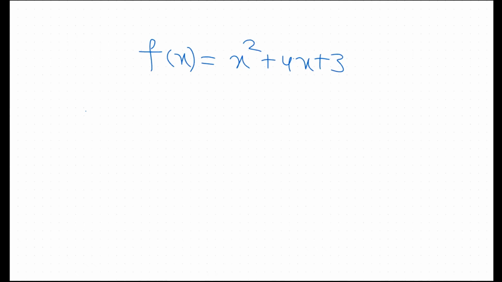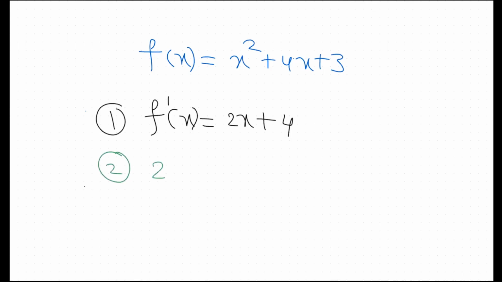What is the differentiation? 2x plus 4 plus 0. Correct or not? 2x plus 4. Now step 1 is over. Step 2 is what? I need to equate this to 0.